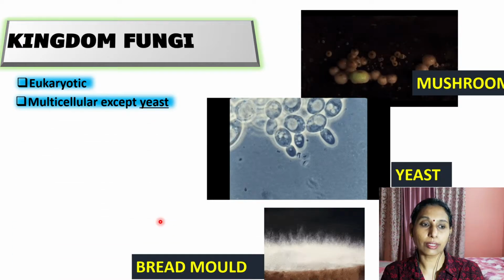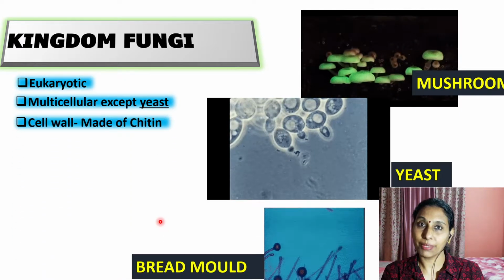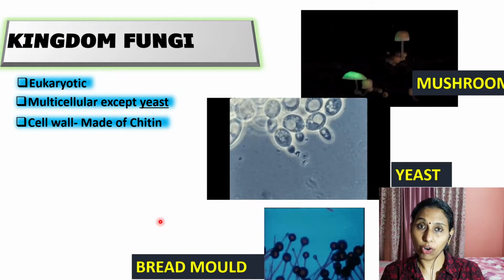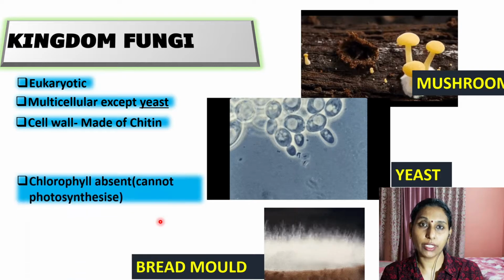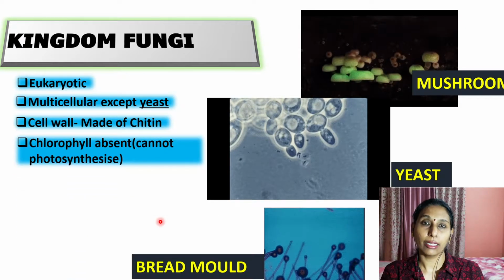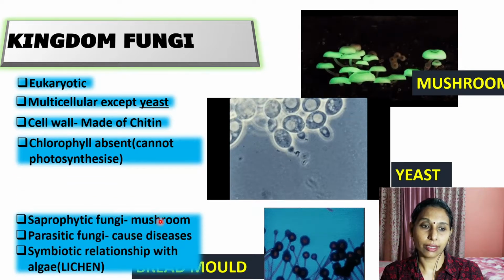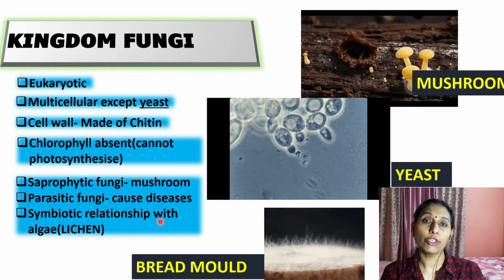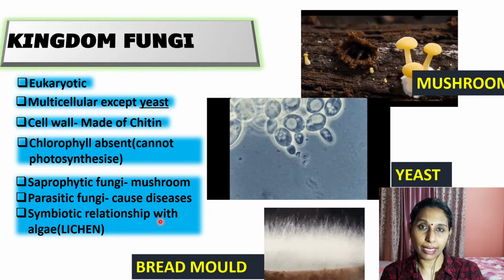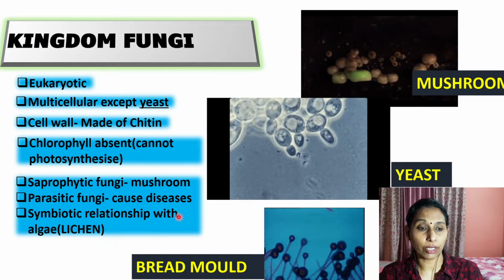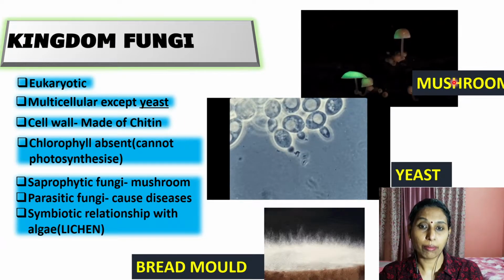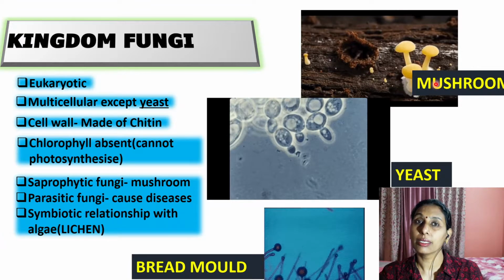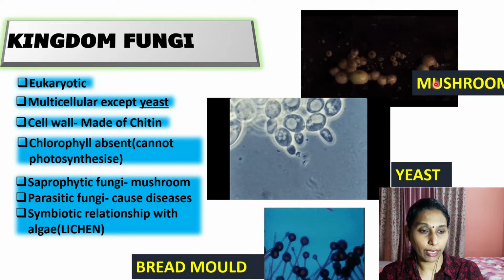Eukaryotic, of course, they are multicellular except yeast, and the cell wall is made up of chitin. Fungi has a cell wall which is made up of chitin, and chlorophyll is not present. And now what about the nutrition? In kingdom Fungi, there are different organisms with different nutrition. The mushroom is always found in dead decaying matter, so they come under saprophytes. They are called saprophytic fungi.